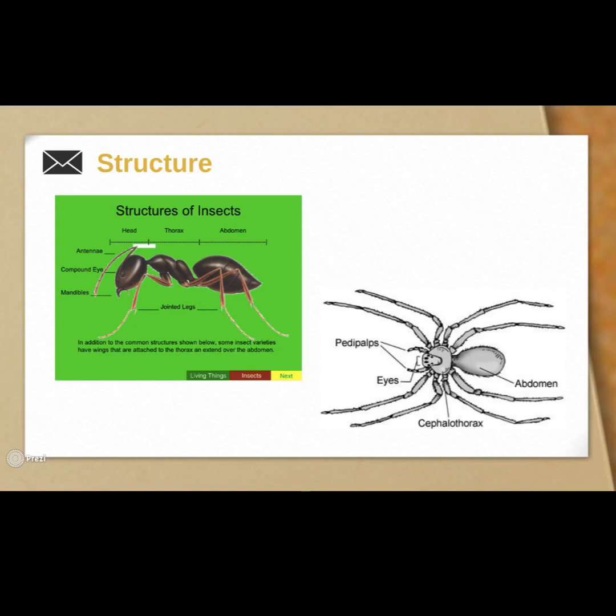An ant's body is divided in three parts: head, thorax, and abdomen. Also, they have 6 legs. A spider's body is divided in 2 parts: cephalothorax and abdomen. They have 8 legs.